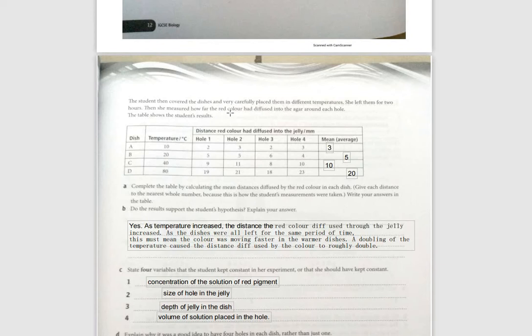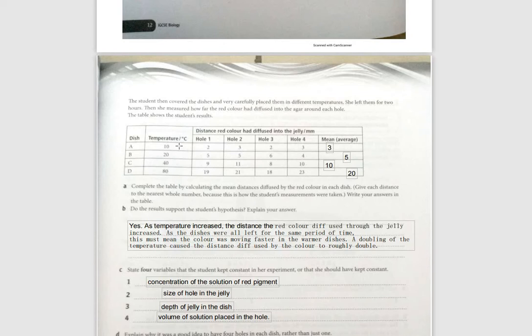Then she measured how far the red color had diffused into the agar around each hole. The table shows the student's results for dish A, dish C, and dish D. There are about 4 dishes at different temperatures, because they want to know how far the pigment traveled at different temperatures.